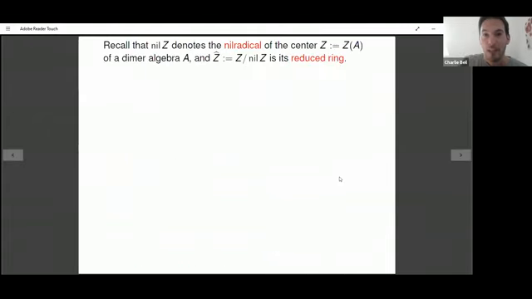Okay, so the last theorem that I put on Wednesday, I had left out an assumption, and I thought about it after, and I really should have the assumption, so I just wanted to restate this quickly, and then I'll go on to the higher genus surfaces. So recall that nil Z was the nil radical of the center Z of a dimer algebra, and Z hat is its reduced ring, so Z mod its nil radical.